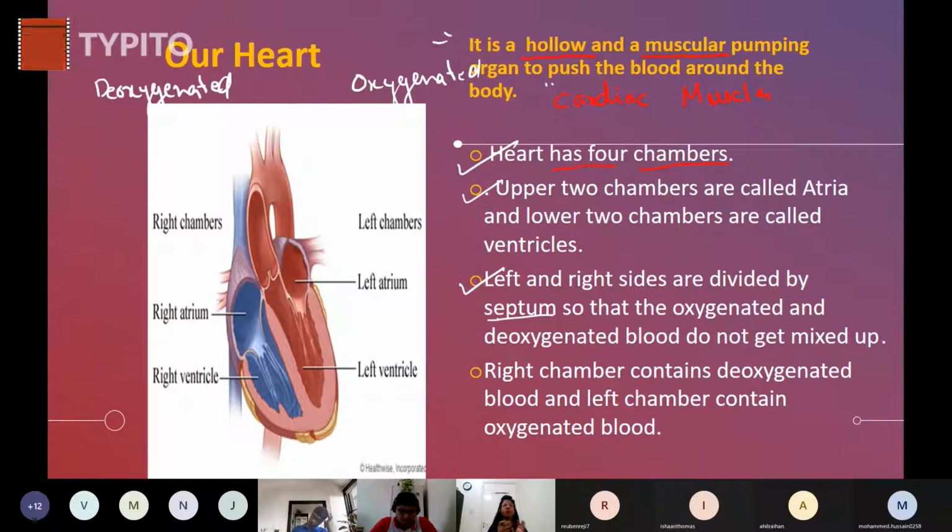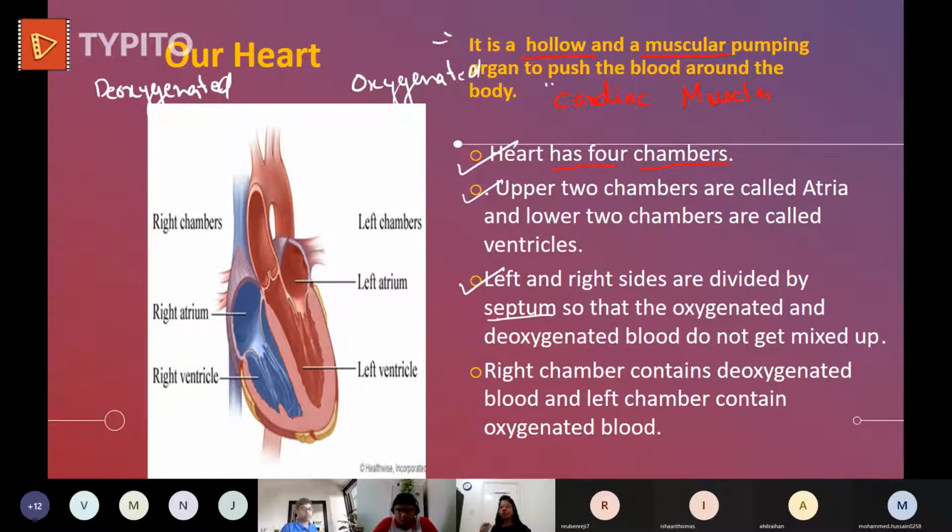Okay, so what is the function of the heart? The heart is receiving carbon dioxide rich blood from the whole body, from my hand, from my leg, from my neck, from everywhere that has produced carbon dioxide. It will go to the heart by various veins and will be collected by the heart, and the heart will give that carbon dioxide rich blood to the lungs, and the lungs will do the oxygenation and remove the carbon dioxide.